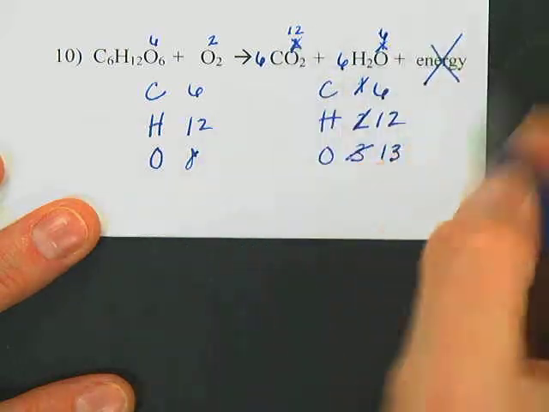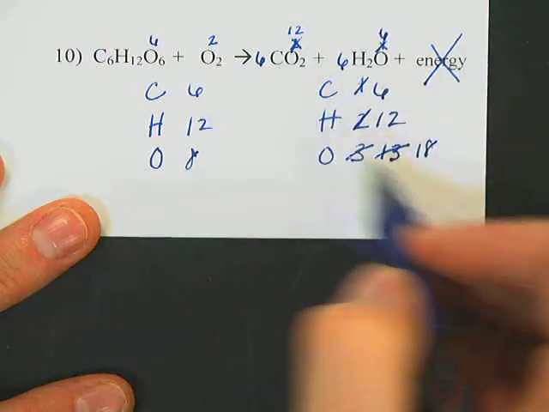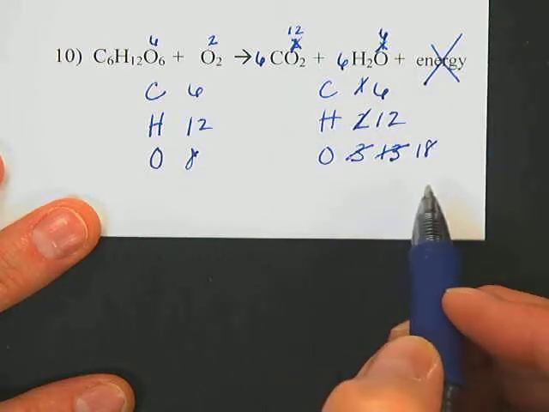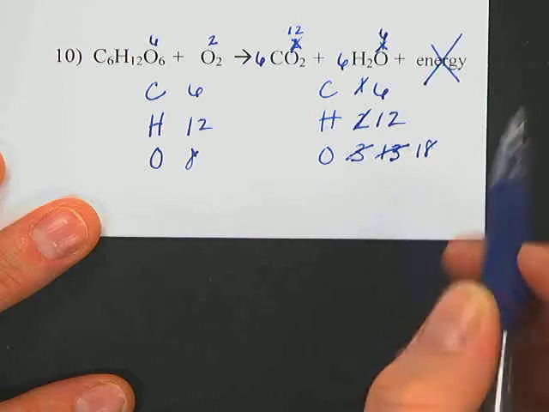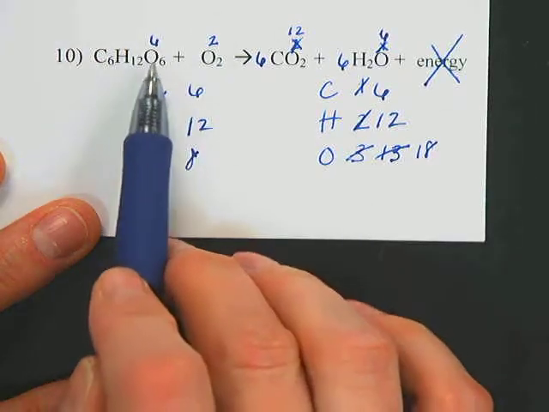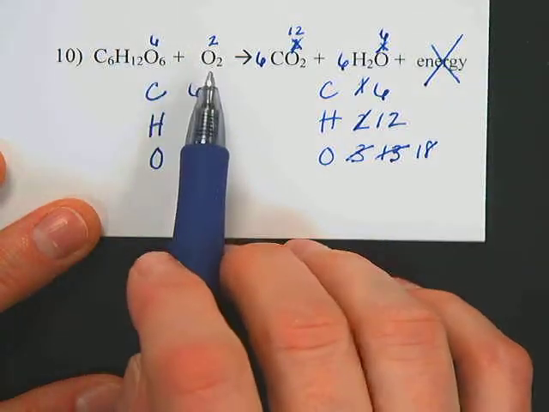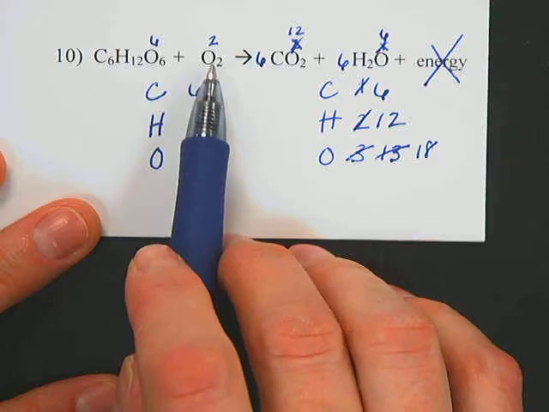But again, that changes the number of oxygen atoms as well, because there are now 6 oxygen atoms in the water. So we have 6 atoms of oxygen in the water and 12 in the carbon dioxide, which means that we have 18 total atoms of oxygen on the product side.